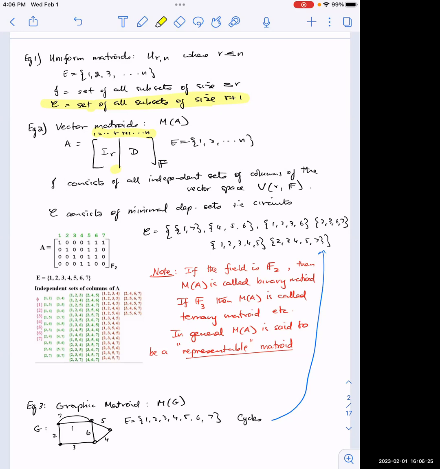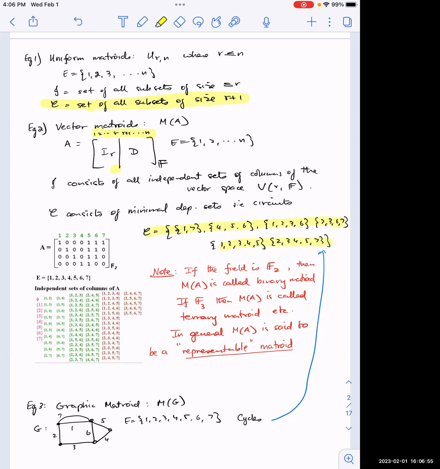Then I is the independent sets of columns of the vector space V(R, F), so it's a vector space over the field F. F could be anything. And then C consists of the minimal dependent sets. In our first example over here, there were lots of independent sets, and these are the minimal dependent sets.